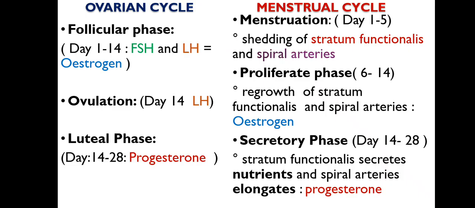It's because of the shedding off of those spiral arteries that the bleeding, the blood flow, comes from the uterine lining through the cervix and the vaginal canal, bringing about the menstruation. So from day 1 to day 5, menstruation, shedding off of the spiral arteries and the stratum functionalis.